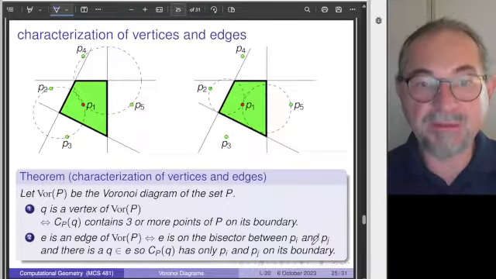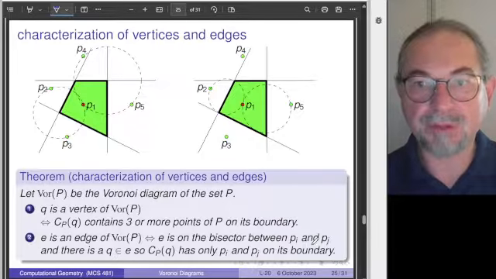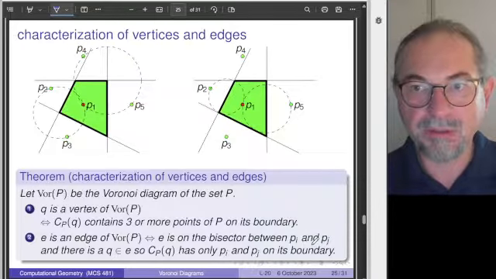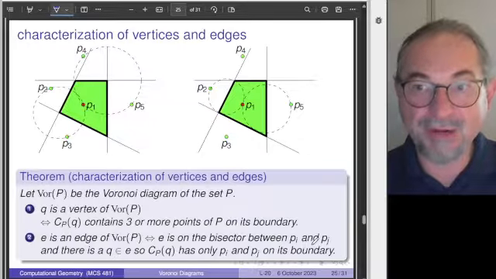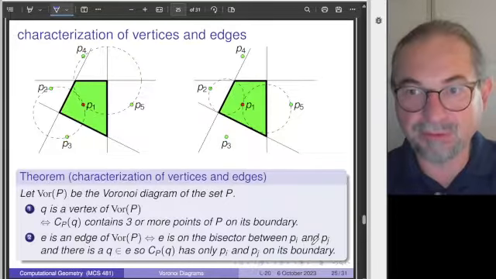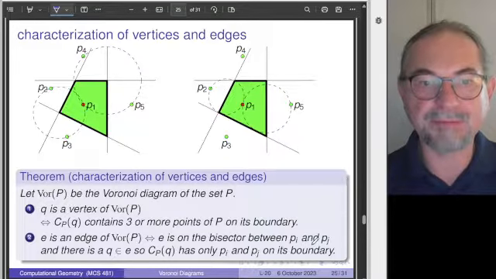If we have a vertex of a Voronoi diagram, then the largest empty circle contains 3 or more points on its boundary. This seems like an interesting thing to know. Who cares? But we will use these things when we get to the construction of Voronoi diagrams.